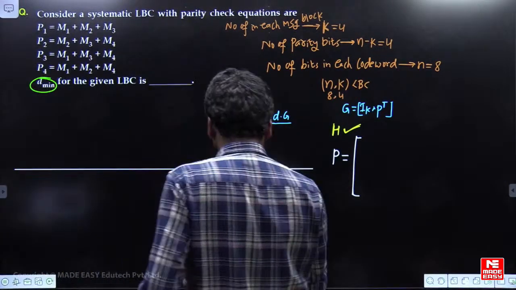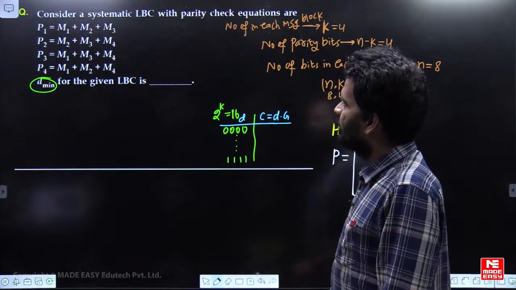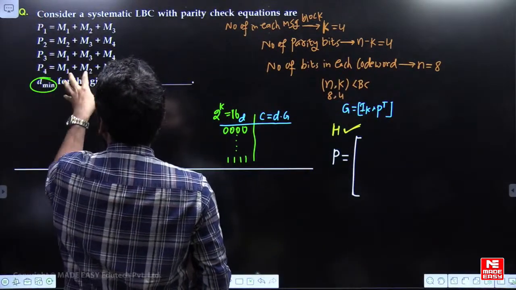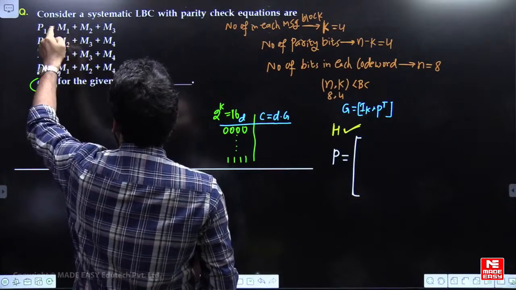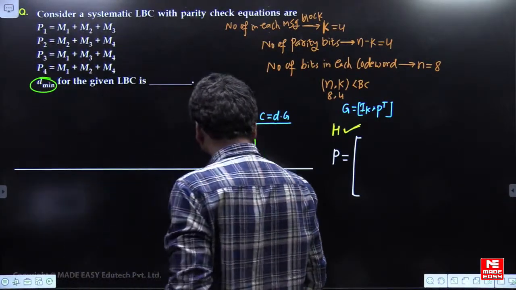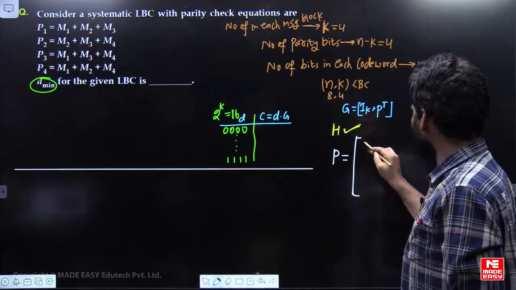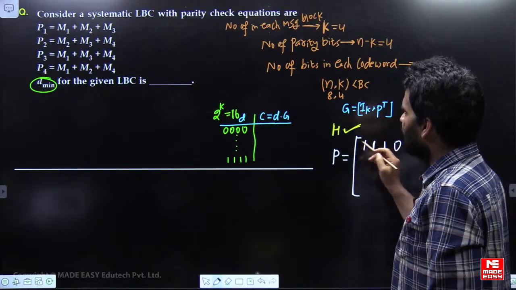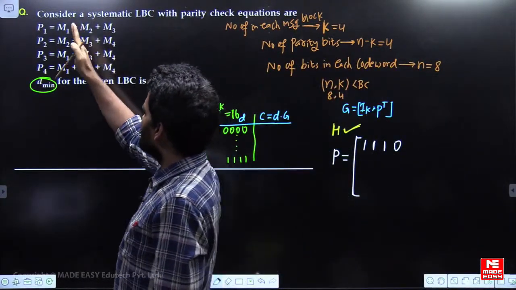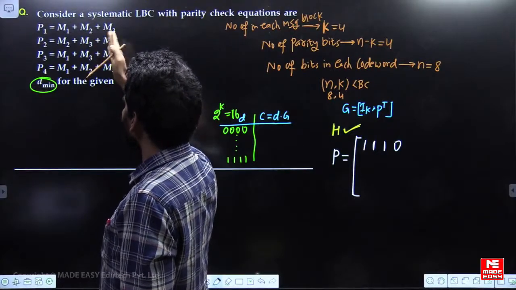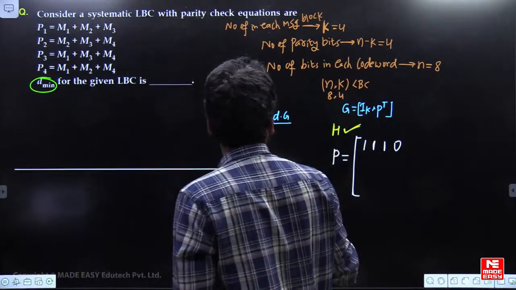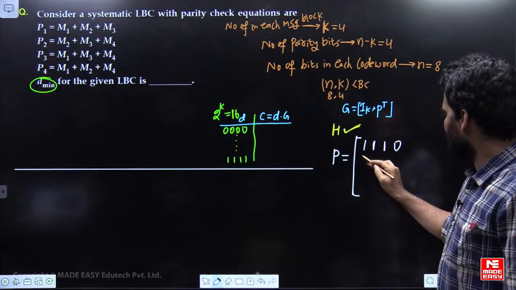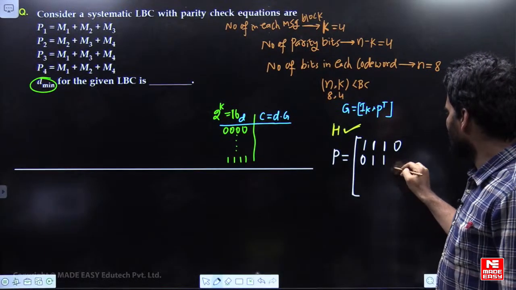P will be. How to get the parity matrix? So from these equations for the parity bits, you can write the parity matrix. In this first equation, M4 is missing. M4 is missing means this row is 1, 1, 1, 0. Simply the coefficients of the message bits become the elements of the parity matrix. Here M1 is missing, so it is 0, 1, 1, 1.